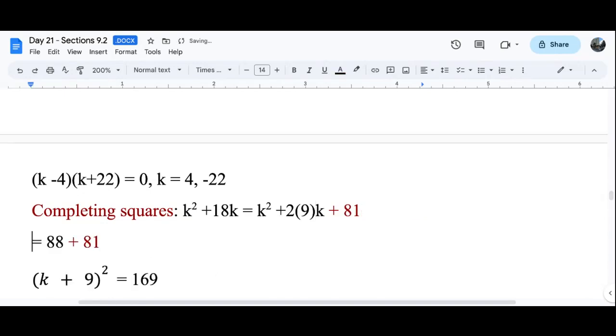So I'm going to separate those 2, okay? Actually, where does this come from? It's from 9 squared. But then we have the minus 9 squared, right? We cannot just add 9 squared. So then this one becomes k plus 9 squared minus 81.